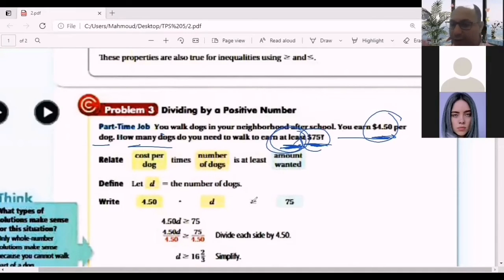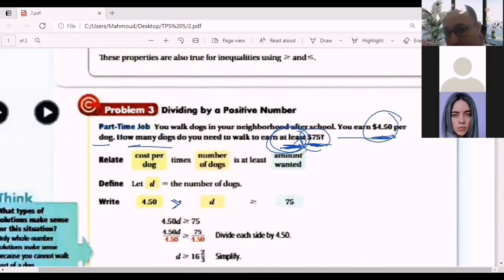What does it mean, at least, Jamila? Can you convert it into a mathematical expression? It means smaller than or greater than.